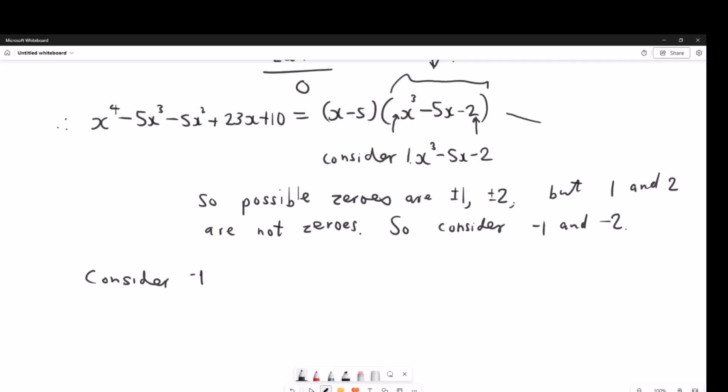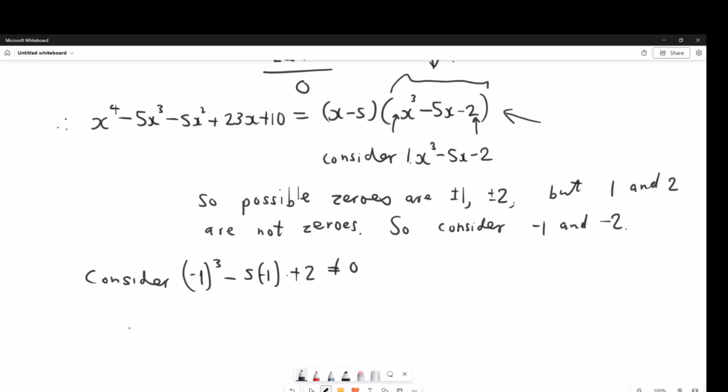We'll put it into that bracket. So -1 cubed, -5 times -1, -2. We can even put it in the polynomial with degree 4. It should give us 0 or not a 0. Testing it on the cubic polynomial is as good as testing it on the quartic polynomial. So we have -1 plus 5, so we can see that this is not equal to 0.